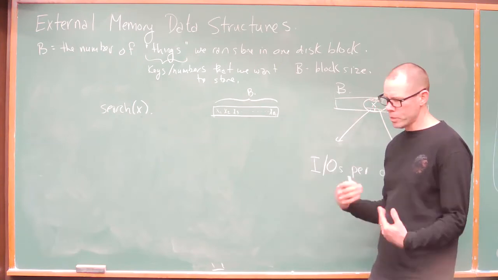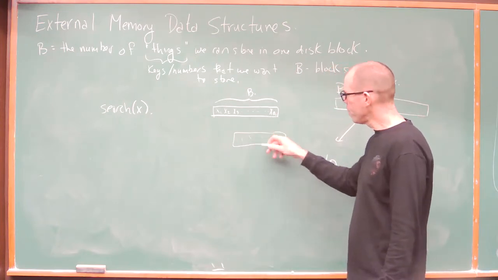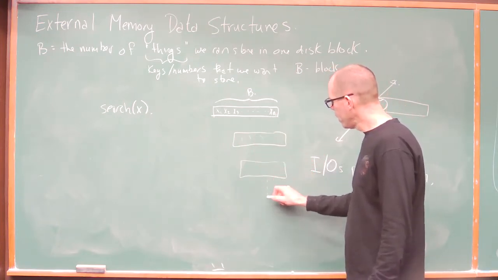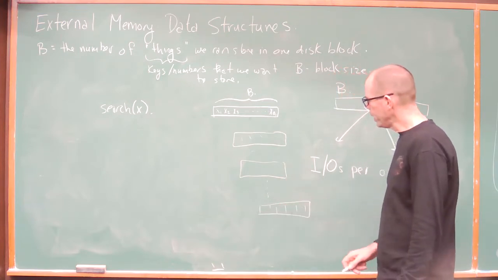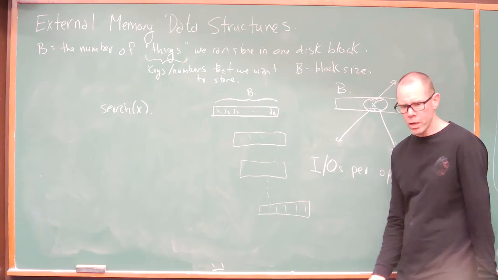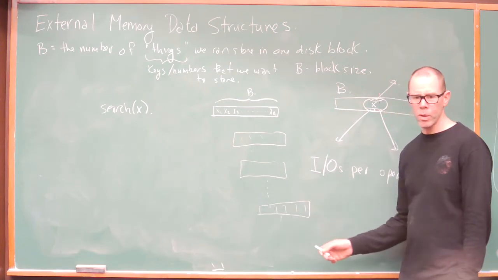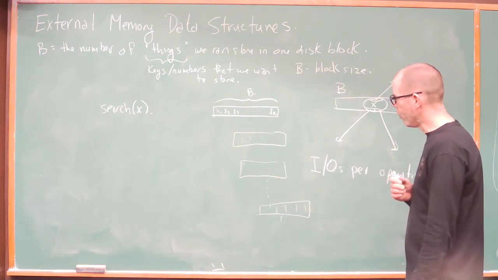And then based on those outcomes, we read another block. And then same thing, we compare x to everything in there. Based on those things, we read another block. And so on, until eventually the algorithm finishes and says, okay, now I know where x fits into the entire sorted set of numbers that I have.